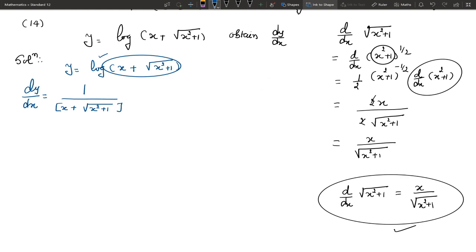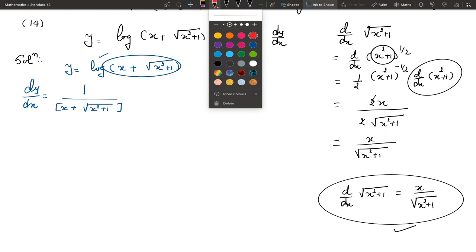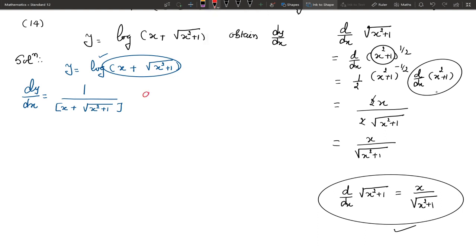So by chain rule, d by dx of x plus under root x square plus 1. Now this is as it is.